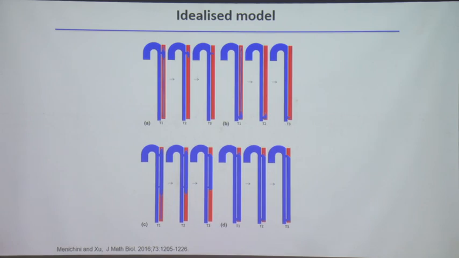In this case, you have flow entering into the false lumen, and then it propagates, but it does not leave. It stays in there. But over time, a thrombus can actually form.